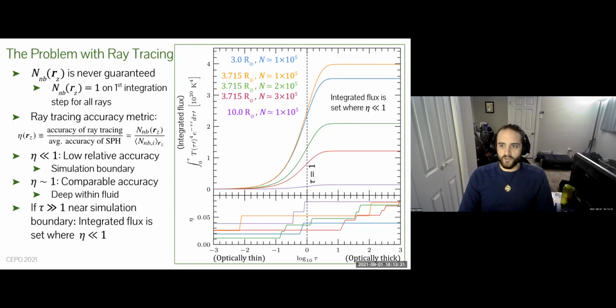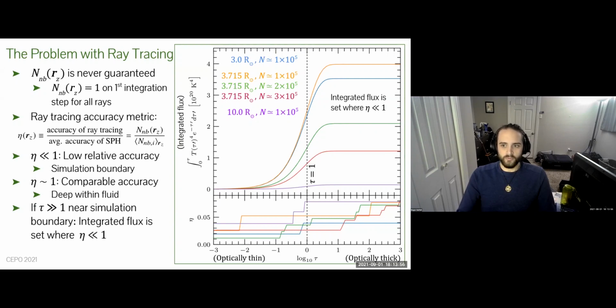In order to quantify how the accuracy of our ray tracing method compares to the expected accuracy of the SPH code at that location, we compare the number of neighbors at the location R_z to a quantity, where that quantity is the average of the number of neighbors that the surrounding particles have.